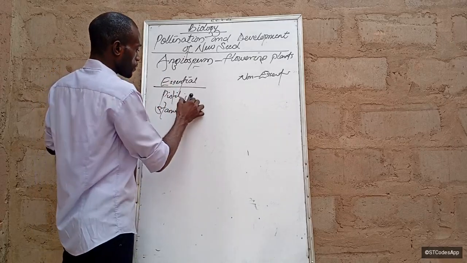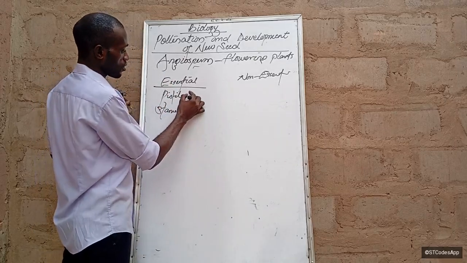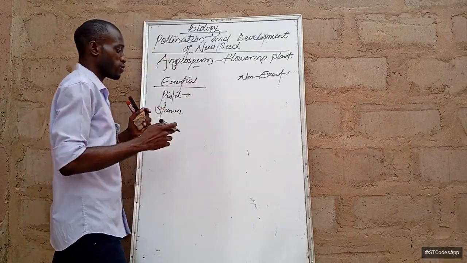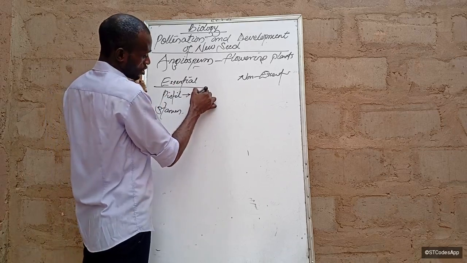Their collection is named too. The collection of the female reproductive part, if the flower has more than one ovary, will be called the gynoecium.